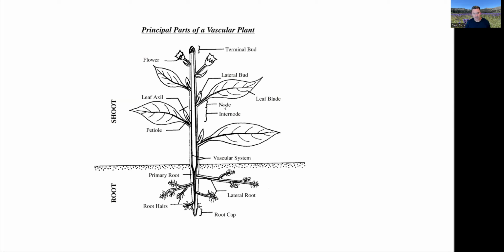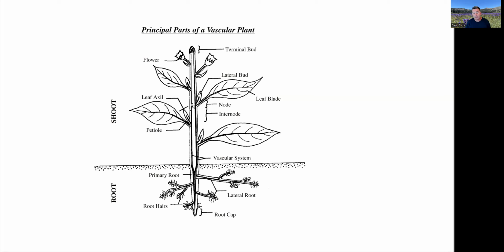Jump onto the other side here. We have node and we have internode. So node is somewhere where a leaf comes off of a stem, and there's always a bud there. Whether you can see it or not may be different, whether it's covered by something or not.